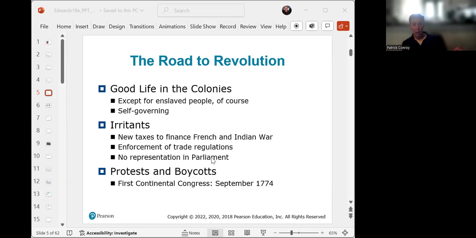Granted, they all came from England for the most part, except for the Dutch, but they came for different reasons. Yes, many of them came to escape religious persecution, but that didn't stop them from persecuting other religions once they got here. And there were different religions.